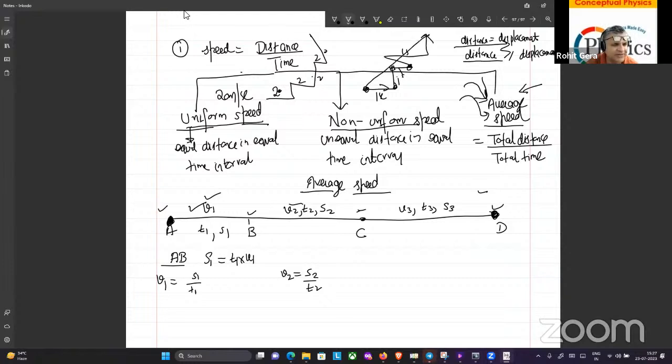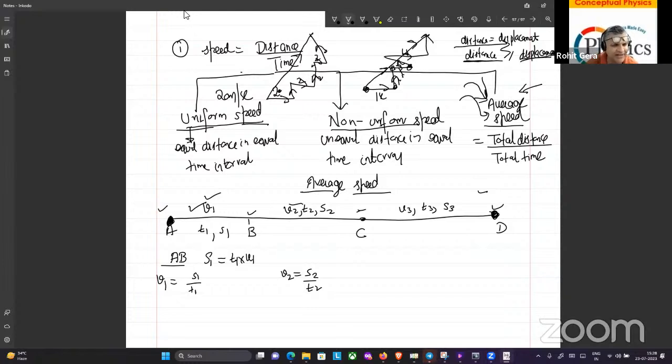So the sum of all these will always be greater than the displacement, which is a direct line. You can go from here to here directly, right? Now add these. These are the distances, right? If you add them, the sum of all this will be greater than this. So generally, distance is greater than or equal to displacement. The shortest distance will be your displacement.